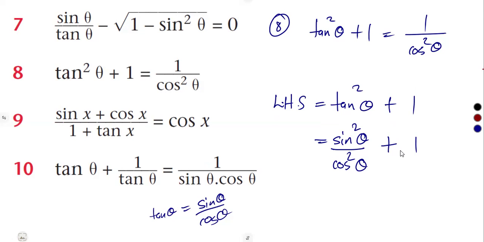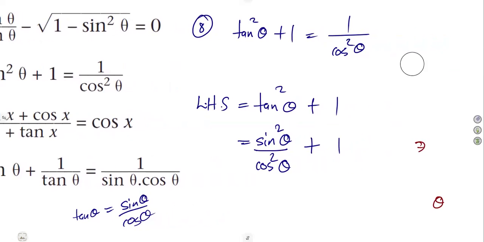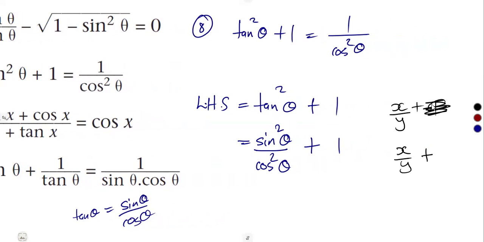We know that. But let's go back also to our algebra, guys. Let's go back to the understanding of our algebra. If we are given x over y like this plus 1, 1 can be written with a denominator of y, where we can have it as x over y plus, instead of us writing 1, we can write it as y over y.